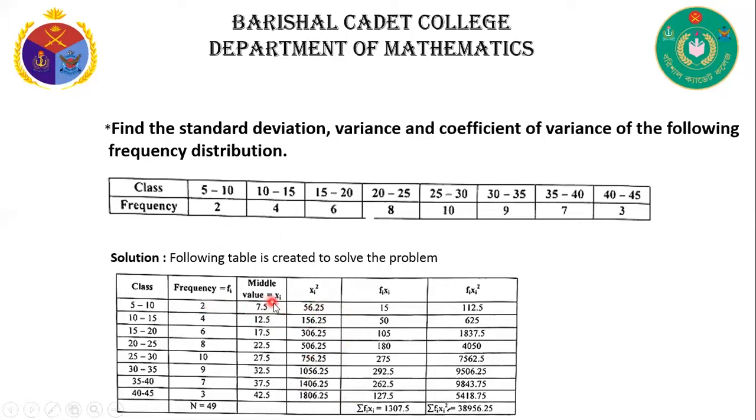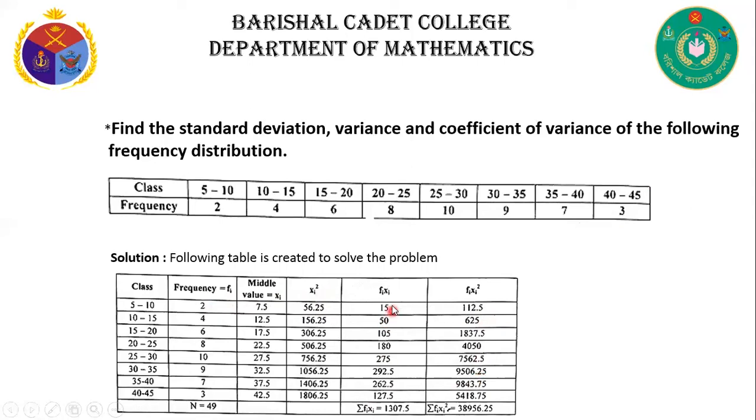Now fi xi: 7.5 into 2 is equal to 15, 12.5 into 4 is 50. And fi xi squared: 56.25 into 2 is 112.5. In the same way, we write the rest of the data.